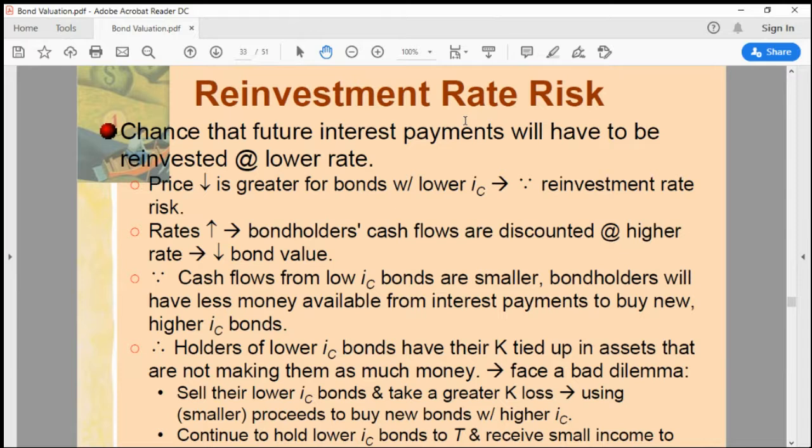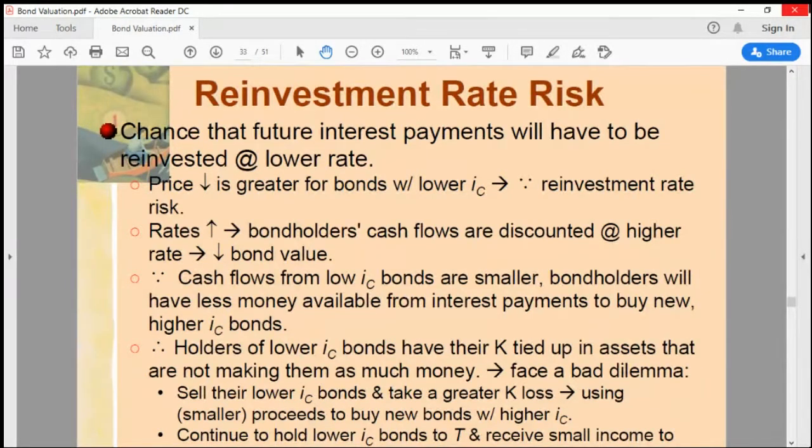Then what does that mean? On average, what is your return on your reinvestment? On average, you will earn 3%.